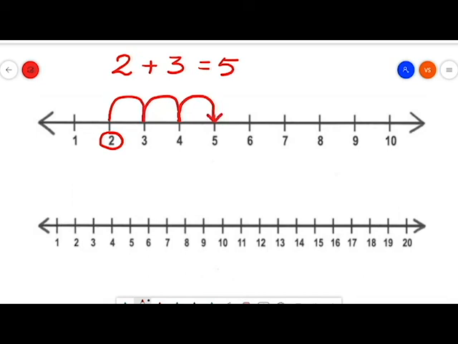So if you are adding two numbers using number line, you have to jump towards the right side. And this is the solution. So you got 5.